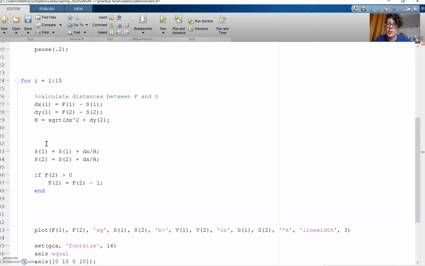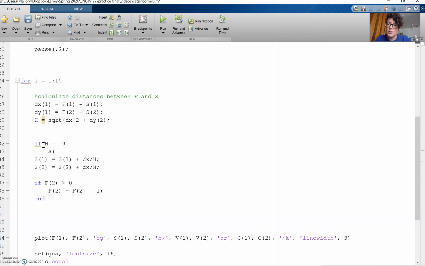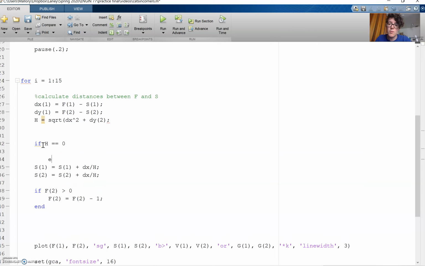So if we hit that corner or run into one of the other cats, we shouldn't continue going. So let's just say if H is equal to 0, then S1 equals S1 and S2 equals S2, so just don't move, else do this.